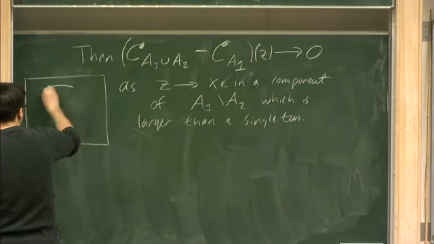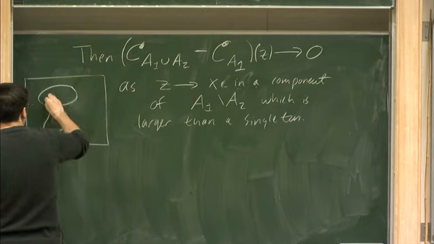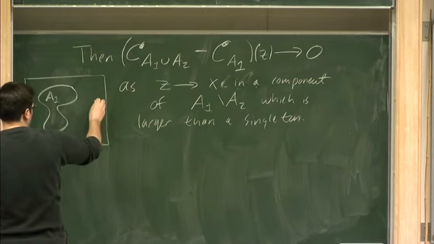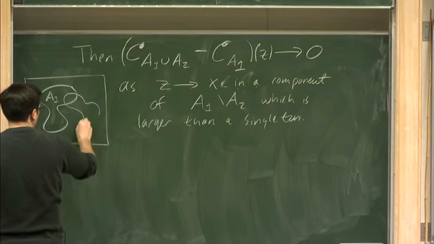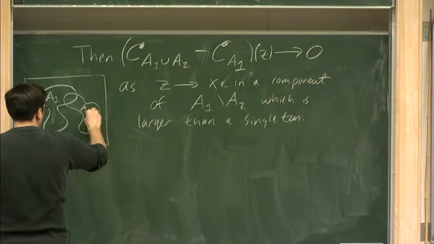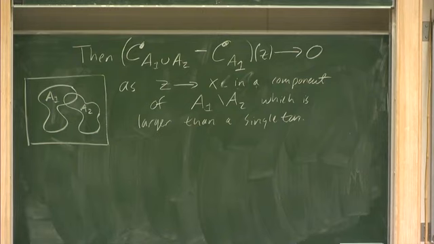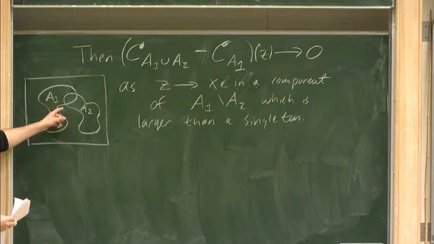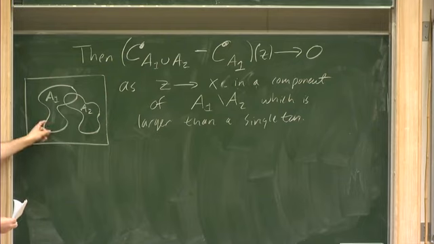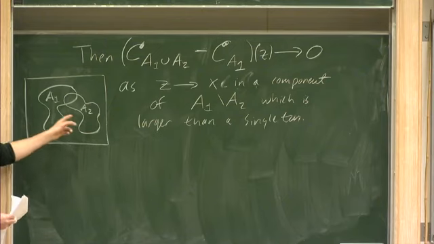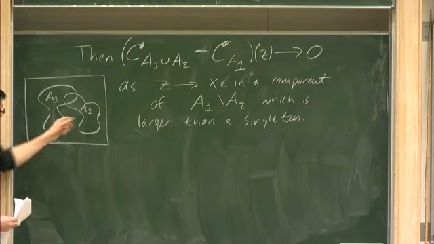So let's say this is A1, and you have another local set, say A2, then you know that the boundary values of your Gaussian free field given both of the local sets is going to agree with what you would have gotten if you had just conditioned on one of them if you are at a point in A1 which is not in A2.